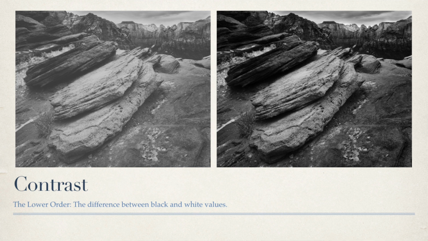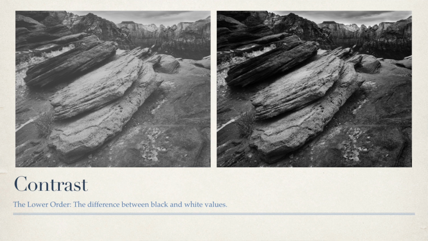If on the other hand your lights are white and your darks are black and you have a bunch of gray tones in between, then you probably have a high contrast image, kind of like the image that you see on the right here. Some other ways that you could play with light and dark contrast are, for example, by having a light subject against a dark background or a dark subject against a light background. Basically, the darker your darks and the lighter your lights, the greater the contrast.